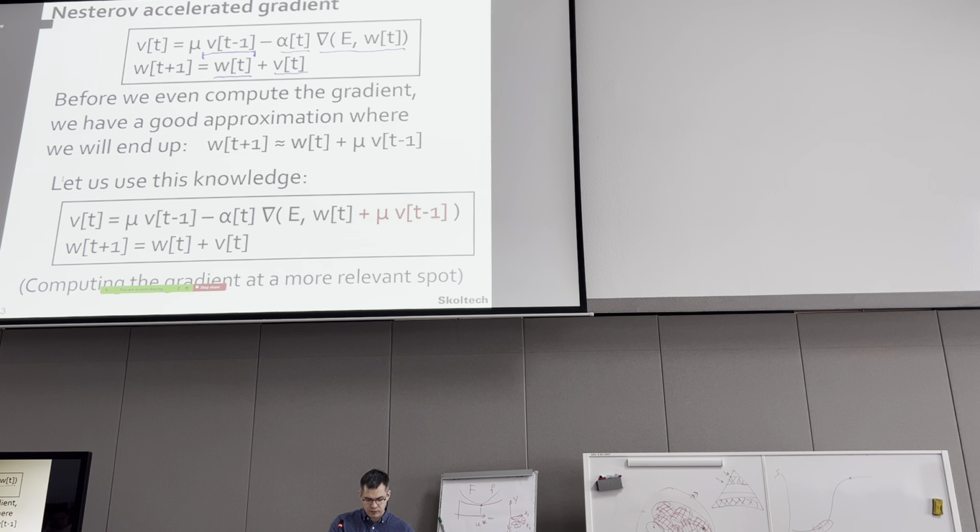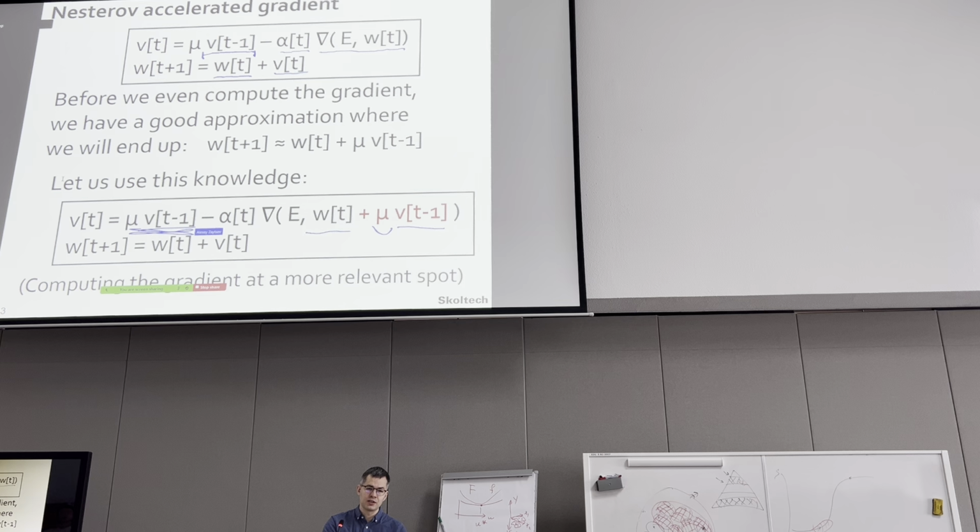This is the basic formula for gradient descent with momentum, and one idea on how to make it better, maybe a bit off-road when talking about modern application practice, is to calculate the gradient with a slight change in the point where we calculate it. Basically, we can assume what the next step would be, at least approximately. We take the previous w and add mu times v_{t-1}, and this is exactly this thing.